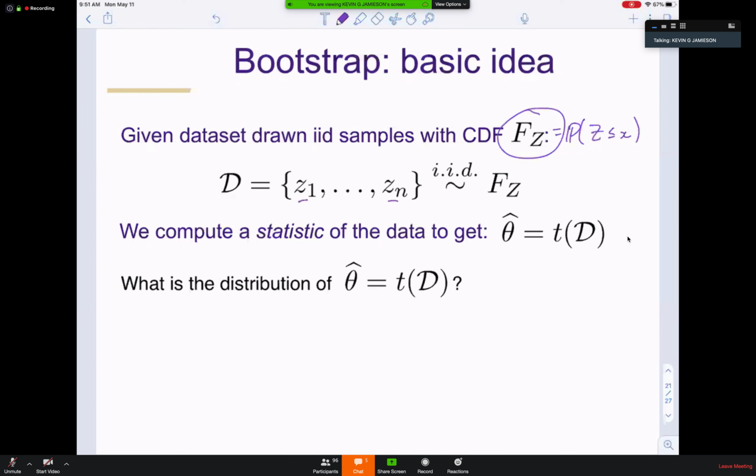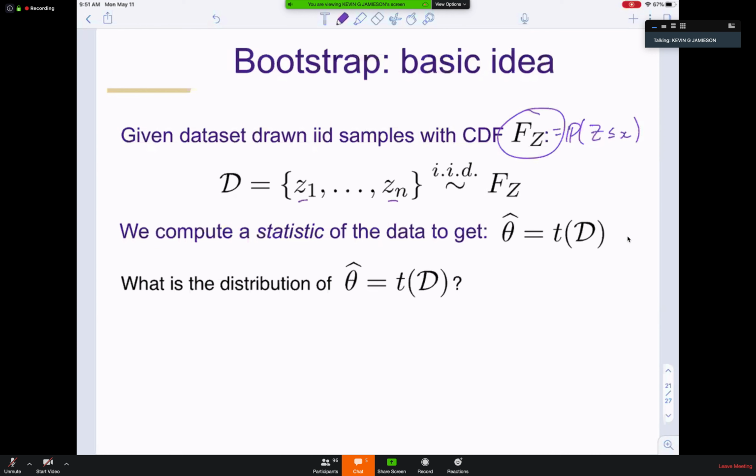But the question I'm asking now is, I want to know the distribution of that test statistic with respect to the random data set D. So I don't want you to just give me a number back, theta hat. I want to know a confidence interval. I want to know the distribution of that test statistic theta hat, where T is the function taking the median or something like this. And so to simulate this process, if I knew what the distribution F_Z was, what could I do?